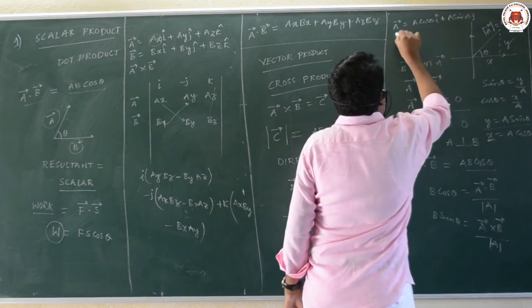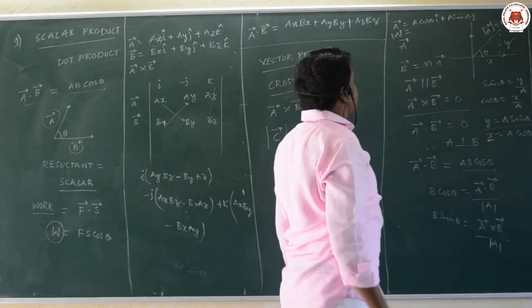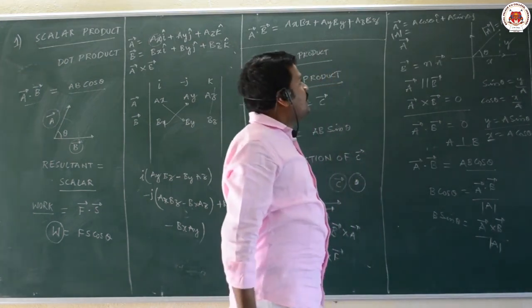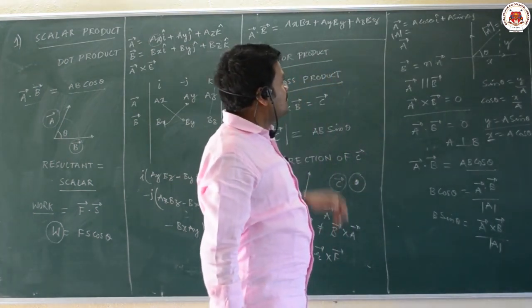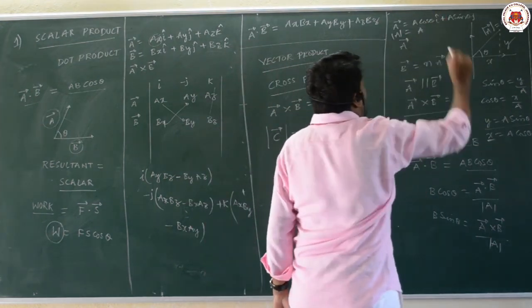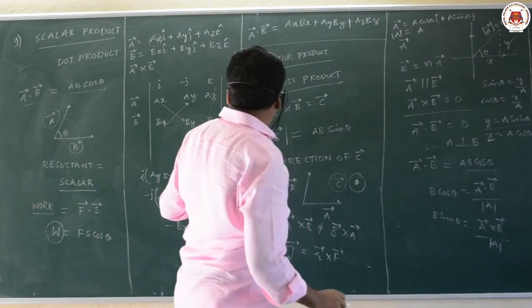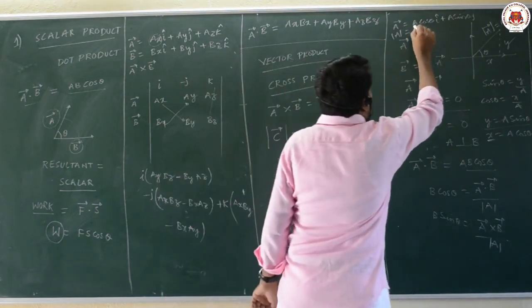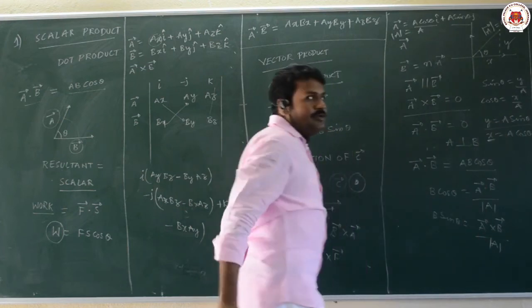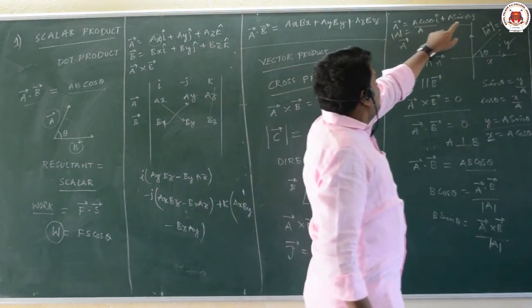If you want to find the magnitude, how to find it? Root of A cos theta whole square plus A sin theta whole square. Again you will get it as A only. Okay, this is how you have to represent in component form. While you are finding the magnitude, you are adding two vectors here, i and j. You have to use the parallelogram law of vectors. So what is the angle between i and j? 90.